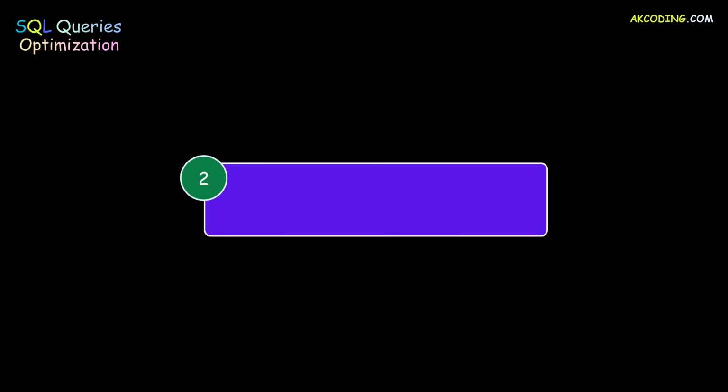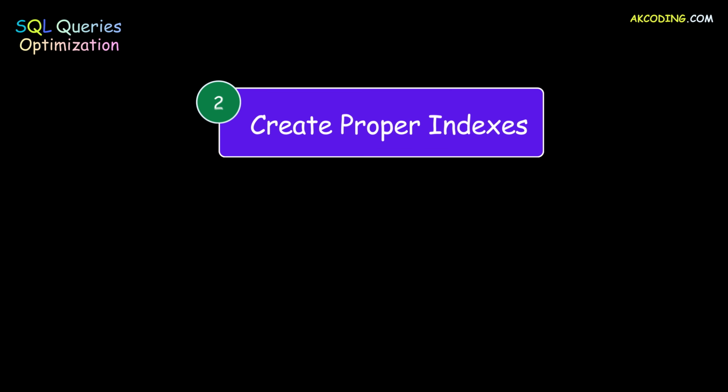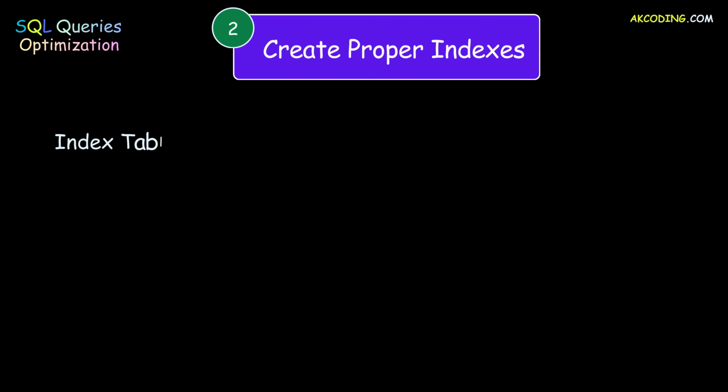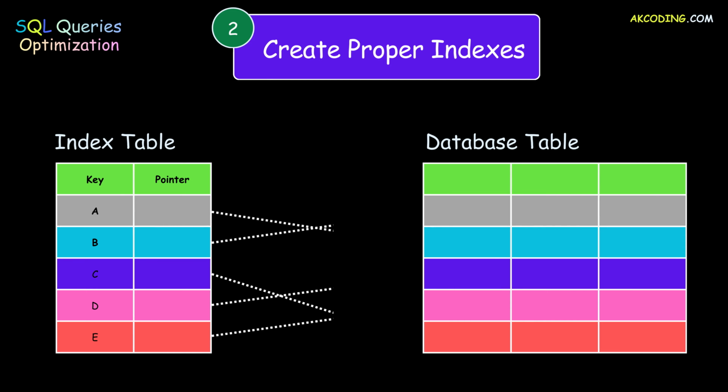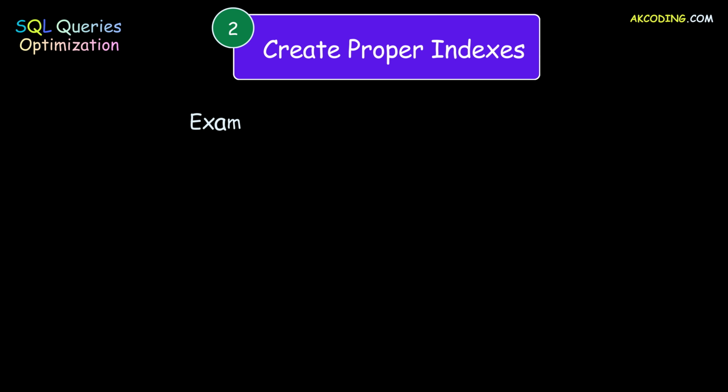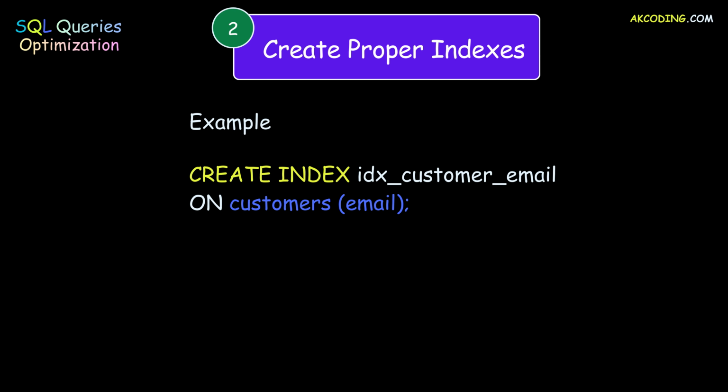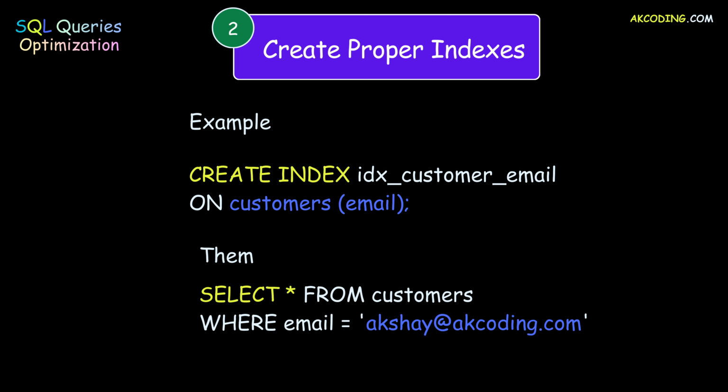Number 2. Create proper indexes. Indexes act like a table of contents for your data, helping databases locate data faster. Example: CREATE INDEX idx_customer_email ON customer(email), then SELECT * FROM customer WHERE email_id = 'akshay@akcoding.com'.